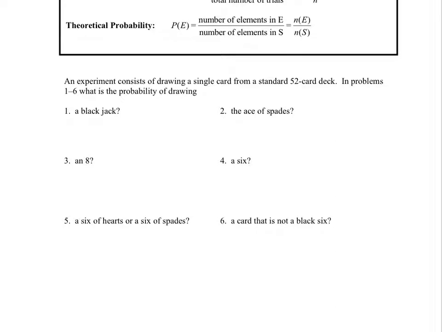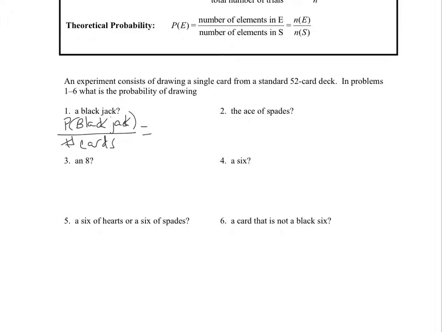And now we're going to look at some experiments here. And we want to find the probability of drawing, in number 1, a black jack out of a deck of 52 cards. So what I do know is that I'm going to get the probability of getting a black jack out of a deck, and that's going to be my numerator, divided by the number of cards in the deck for the denominator.